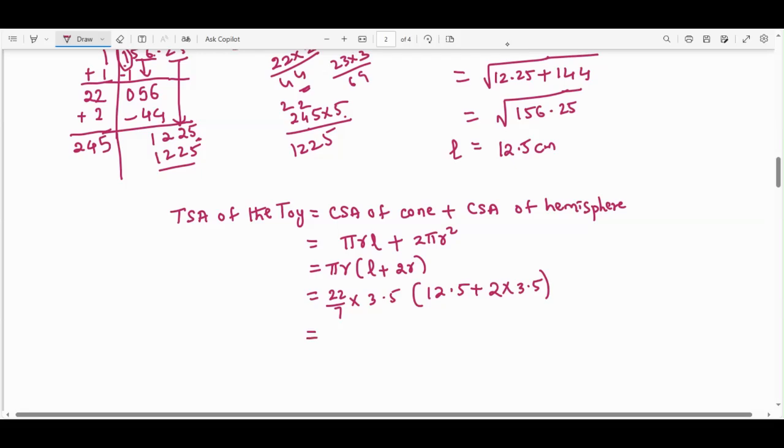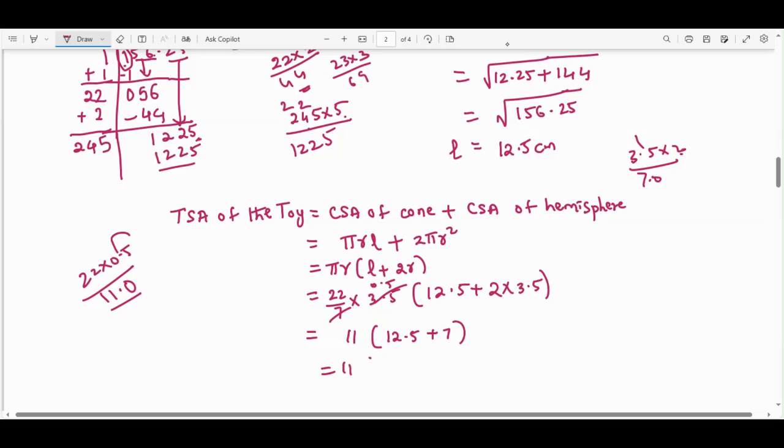Here we can cancel, it will be 0.5. 22 into 0.5 will be 110 with a point after one decimal, so that will be 11. 11 into 12.5 plus 3.5 into 2. 2 5s are 10, 2 3s are 6 plus 1 will be 7, point after one number, so it will be 7.